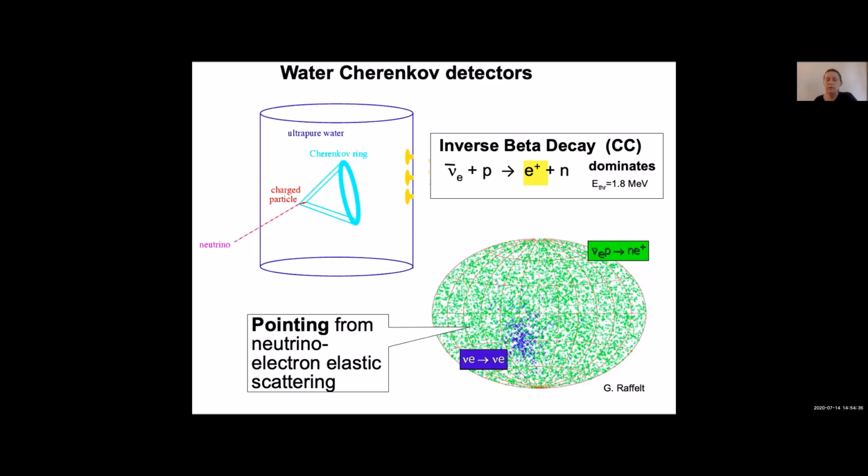And so that allows you to actually point back to the source of the supernova. Although that is actually a low cross-section compared to the main interaction, which is electron antineutrinos on protons. This interaction forgets where the neutrino is coming from. It's almost isotropic. Nevertheless, in a detector like Super K, using the directionality of the Cherenkov ring, it should be possible to point back to the source to some degree.